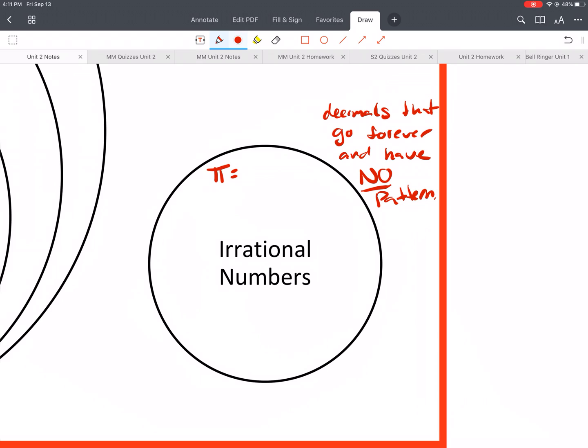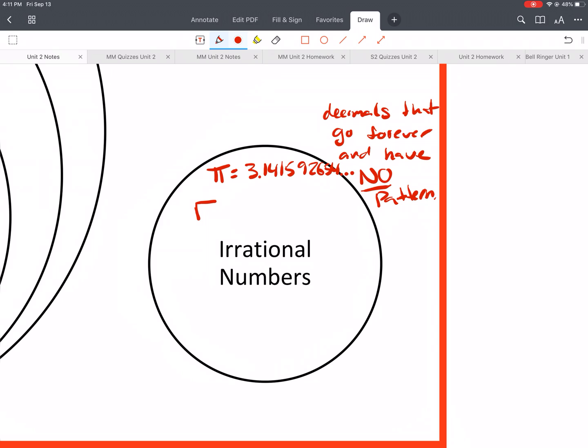If we put pi into our calculator and push enter, it would tell us that would be 3.14159 2654... Okay, your calculator won't go forever. It will round probably to that. I don't know if it rounded up or rounded down to 4, but it has no pattern.